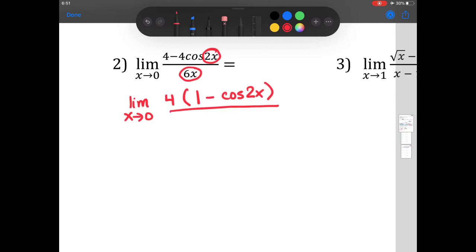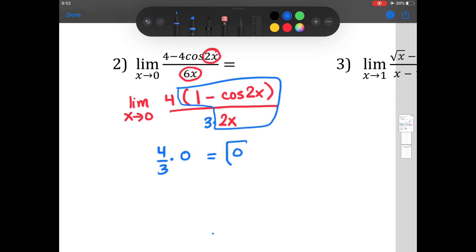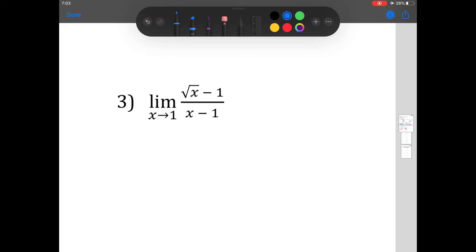Can I write 6x as a multiple of something times 2x? Yes, I can. And that would be 3 times 2x, right? It's the same thing. It's just breaking it down. So I know that this little thing is 0, right? So it's going to be 4 over 3 times 0, which is 0. So my answer to this question is 0.